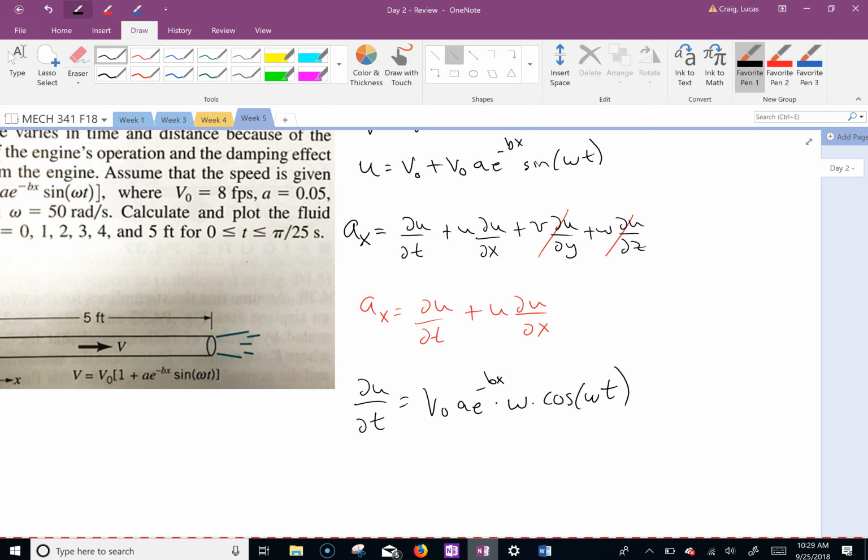Now, we already know what u is for this term. Let's find du/dx. What's that? Well, it should be V naught sine omega t, because those are all constants.